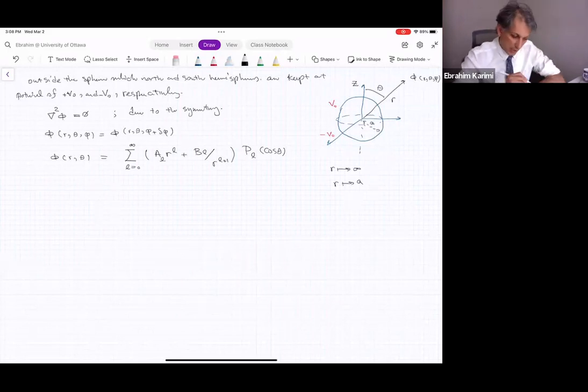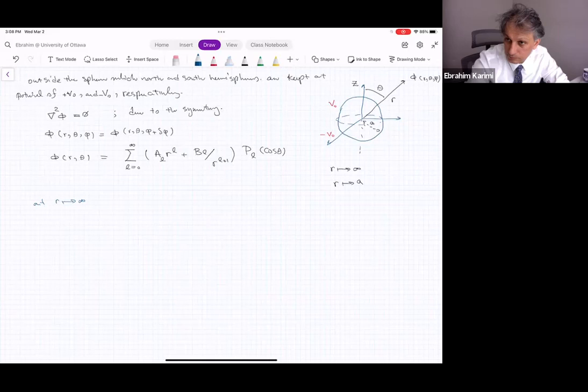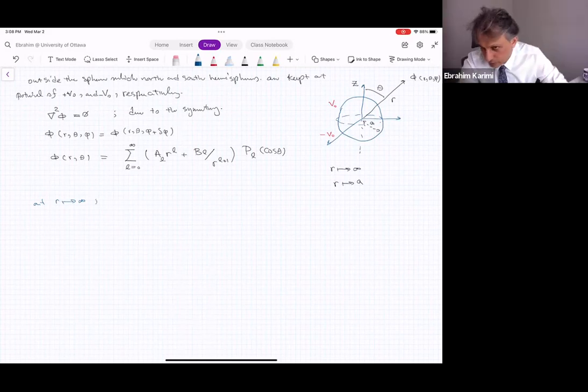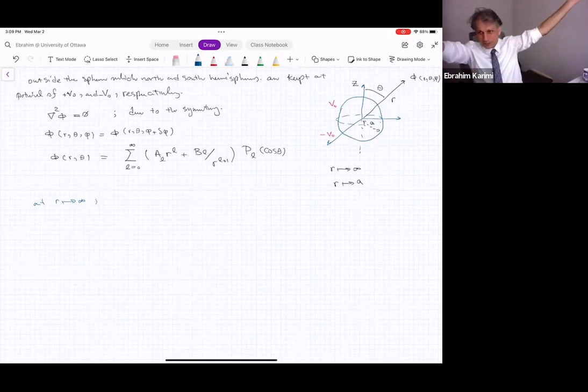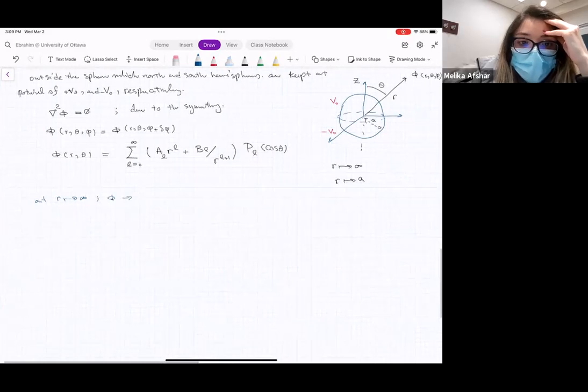At infinity, what do you expect for the potential? It should become 0. Exactly, it should be bounded, essentially equal to 0, because it's a localized charge or localized potential, and when you go there, it should be 0. So phi should tend to 0.